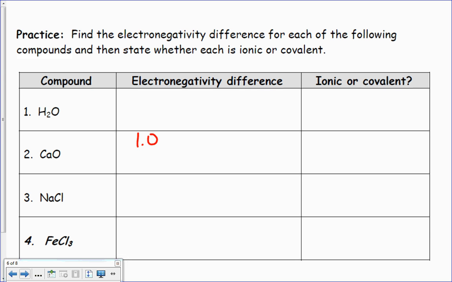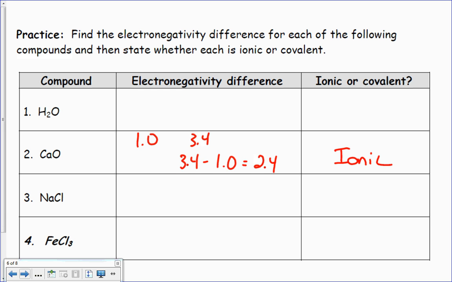And oxygen has an electronegativity of 3.4. So I'm going to take 3.4 minus 1.0, and that equals 2.4. And so where does that fall? Is that less than 1.4 or greater than 1.4? It is greater than 1.4, so it is ionic.